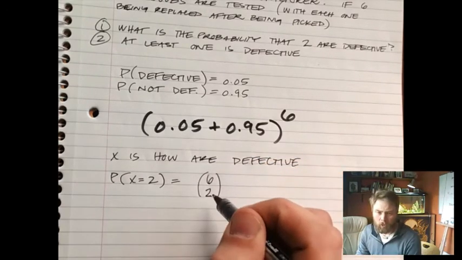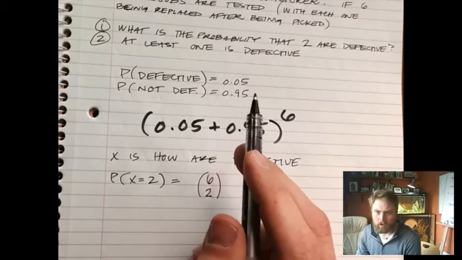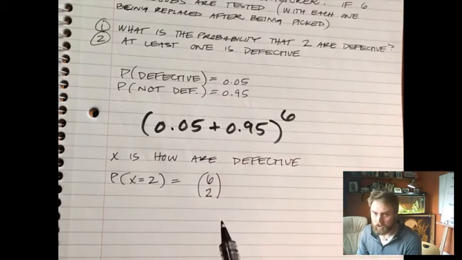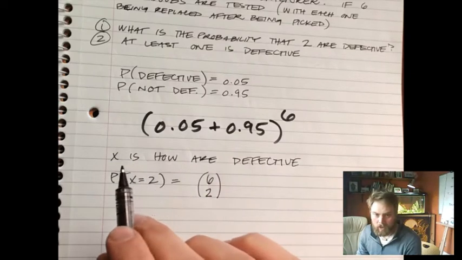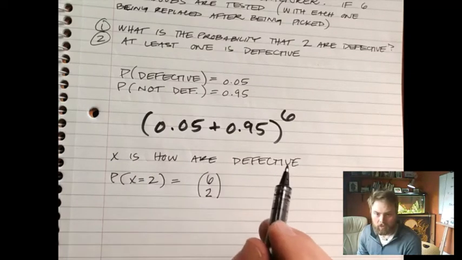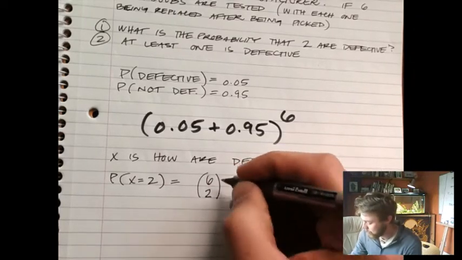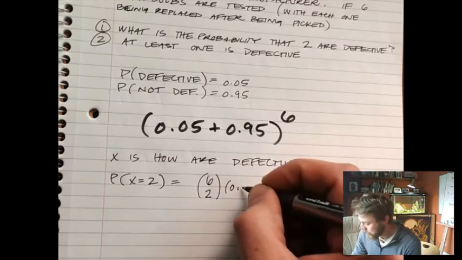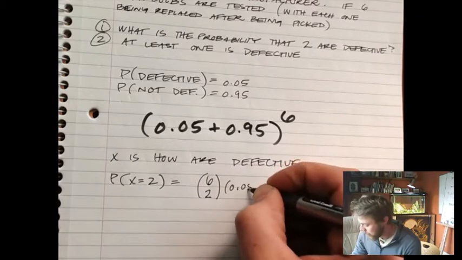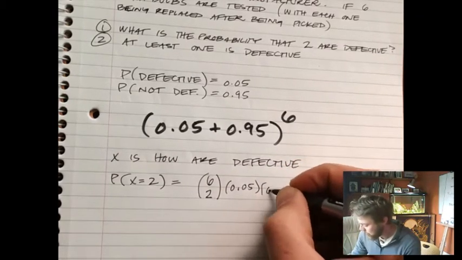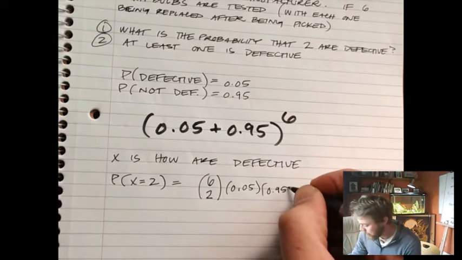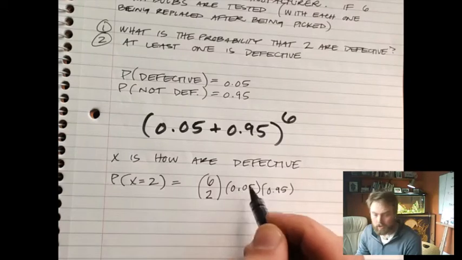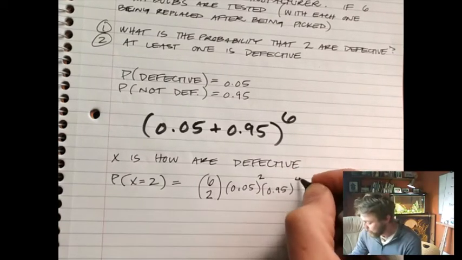You could put a 4 down here because we could have relabeled this differently and it would still work out. X could have been the other way, the amount of not defective light bulbs, but we picked it, so let's start with this. 0.05, 0.05, and 0.95. It's either one or the other. And we want 2 of these and 4 of those.